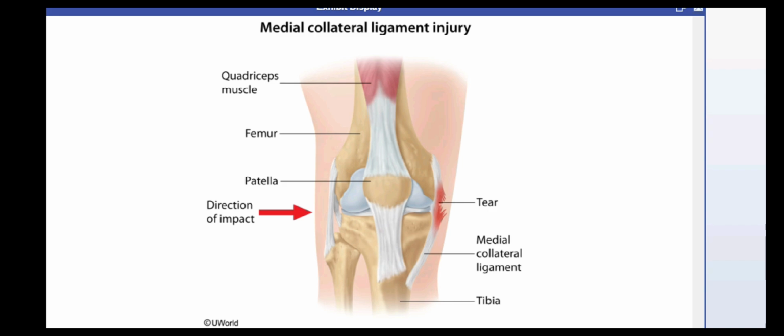I will repeat: a tear in the medial ligament means a hit on the lateral side, and vice versa. When the problem comes from the medial side, that is a rare one, and it will cause a tear in the lateral collateral ligament. Okay, important, tricky, but easy.